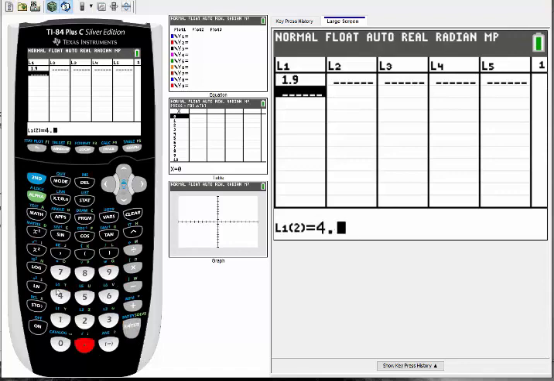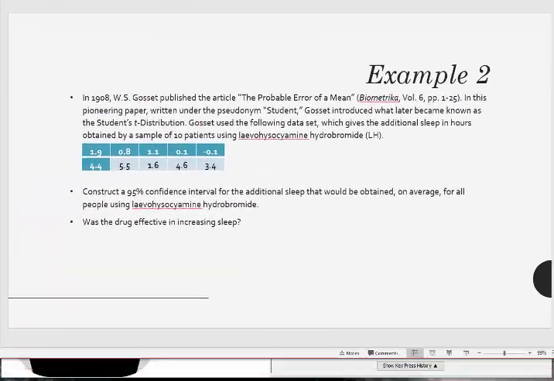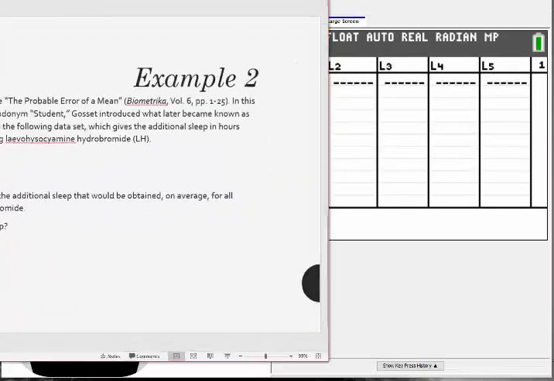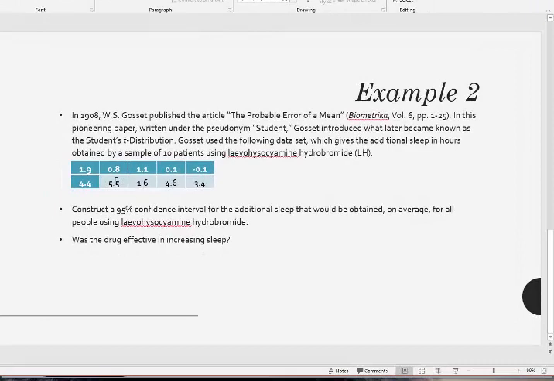Somebody got an additional 4.4, 0.8, 5.5, 1.1, 1.6, 0.1, 4.6. Someone lost 0.1 of an hour, so don't forget you have to put that negative in there. And then 3.4. So all I did was plug this additional time into the graphing calculator.